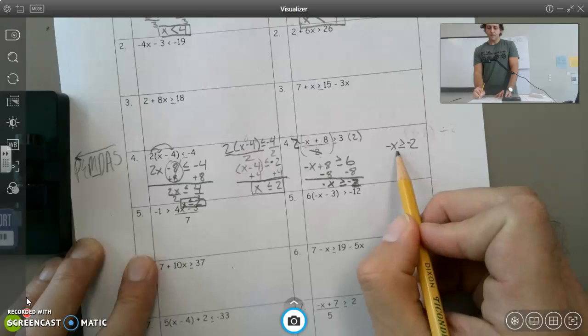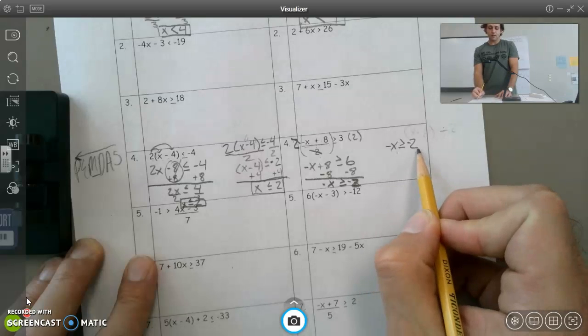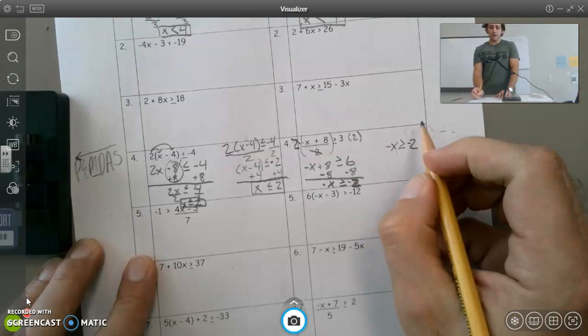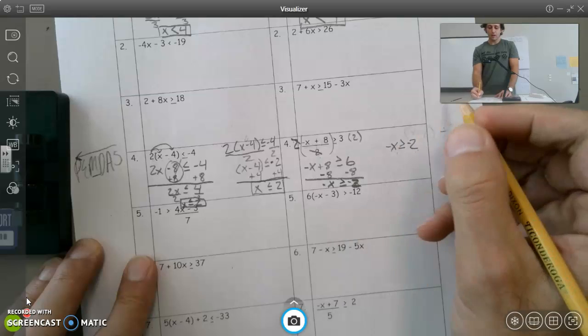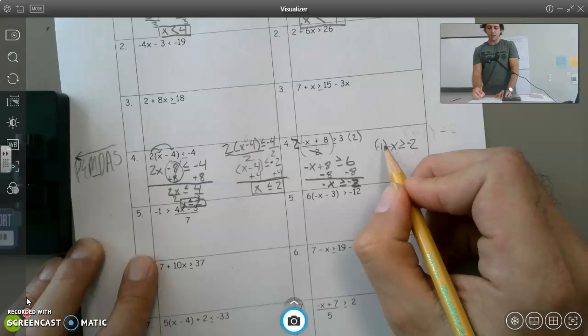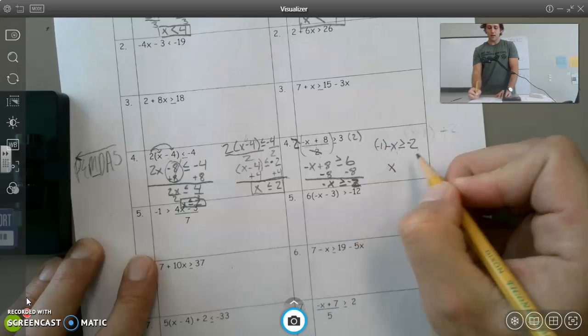Now, next, I have the opposite of x is greater than or equal to negative 2. Same discussion we had at the top there. If my coefficient is negative 1, to make my coefficient 1, I would need to multiply by negative 1 because negative 1 times negative 1 is 1x.